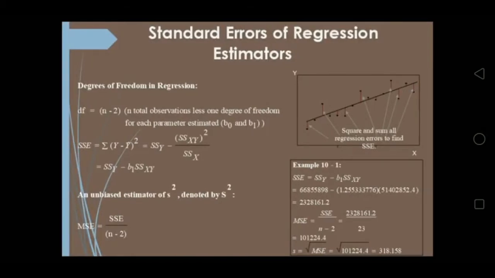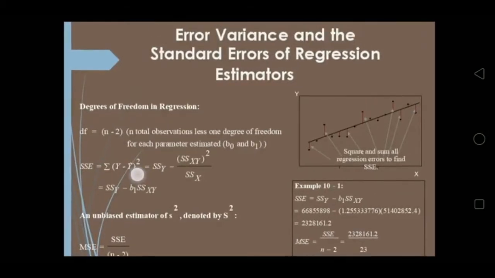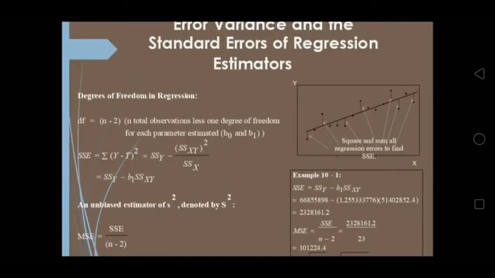Error variance and the standard errors of regression estimators. Degrees of freedom in regression, df = n minus 2, where n is the total observations less 1 degree of freedom for each parameter estimate, b0 and b1.